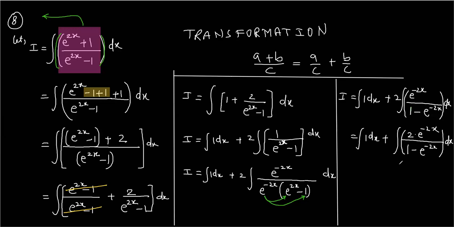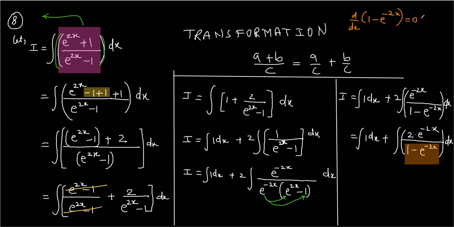Now I want you all to check the derivative of the denominator. It is time we check it. Let me check d by dx of 1 minus e raised to minus 2x. This is very simple, we should know it orally. What is the derivative of 1? 0.